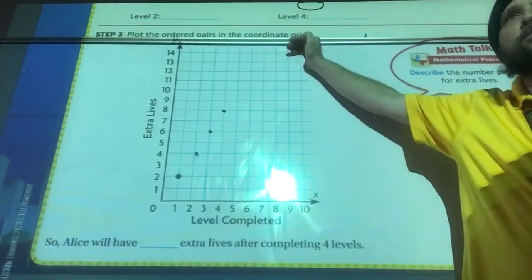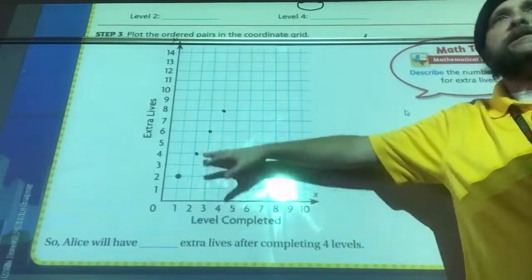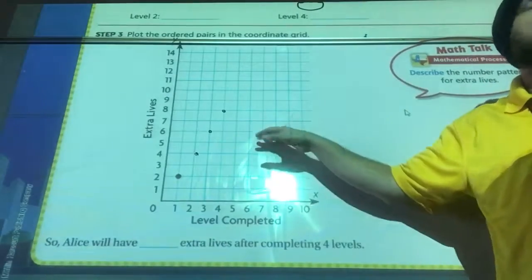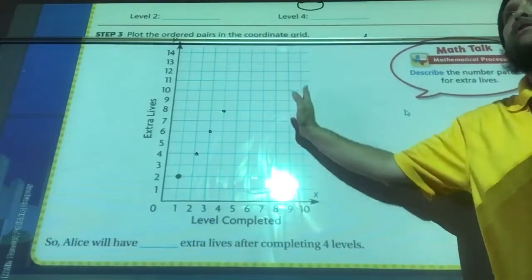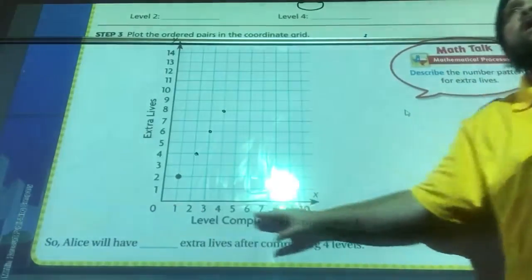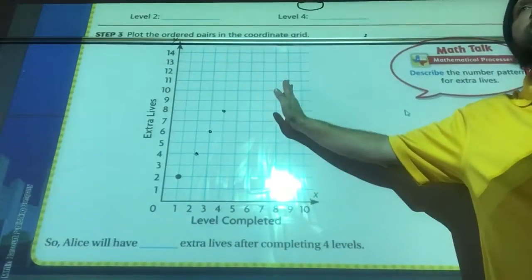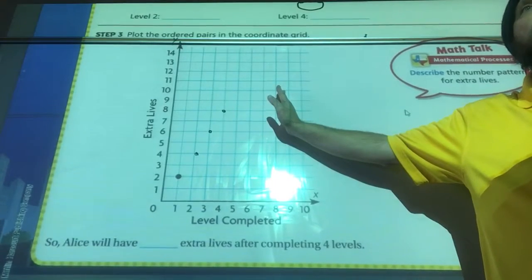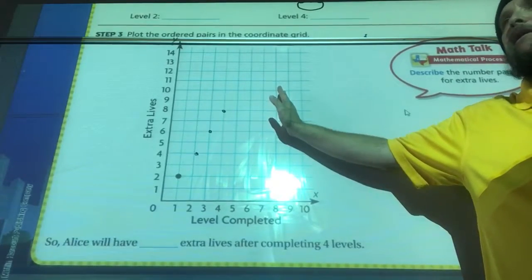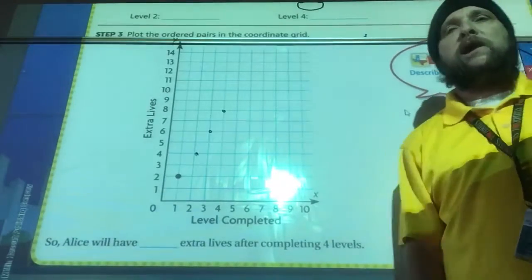But if you check your input-output table against the graph, you're going to be able to see really quickly which answer it is. But you have to remember, horizontal, then vertical. As the guy said in the video, walk before you get to the elevator. Horizontal, vertical. X-axis, then the y-axis.